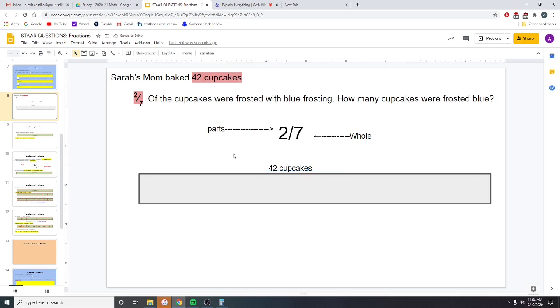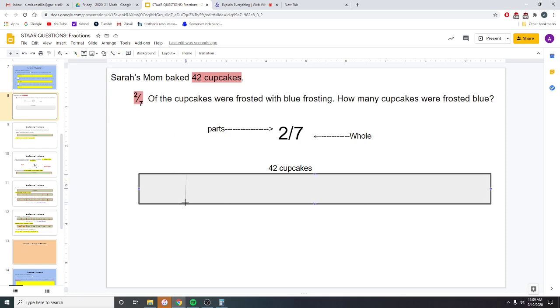What the fraction is telling us to do is create 7 whole pieces and take 2. 7 whole pieces. That means we're going to take this whole thing and cut it into 7 equal pieces. Let's go ahead and do that.